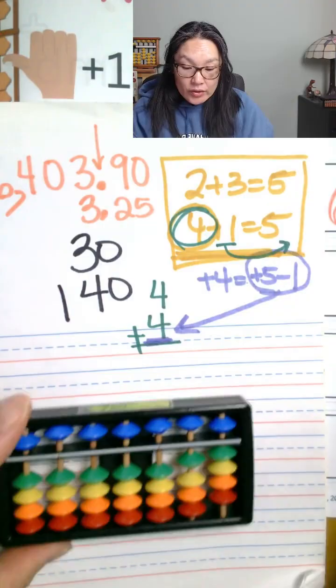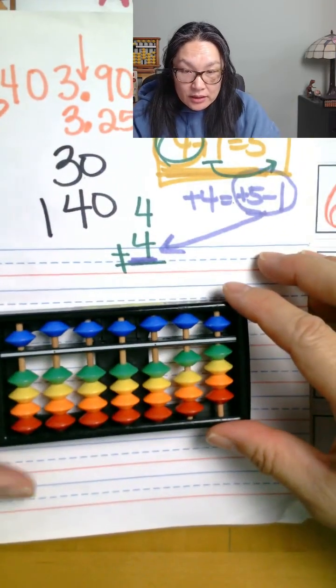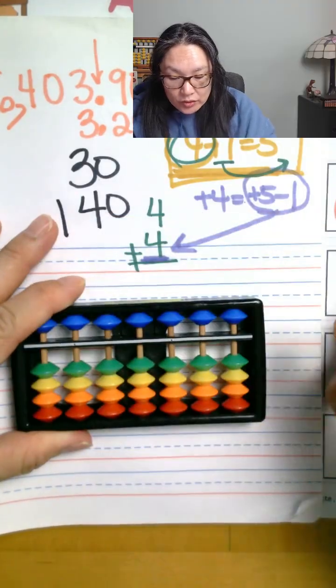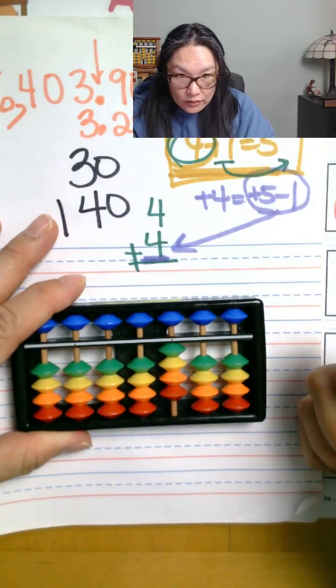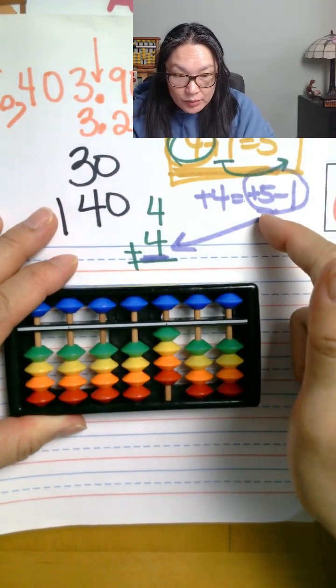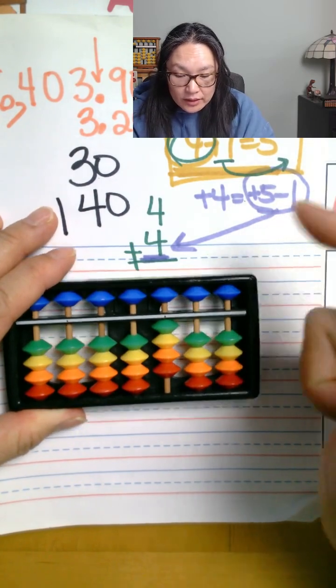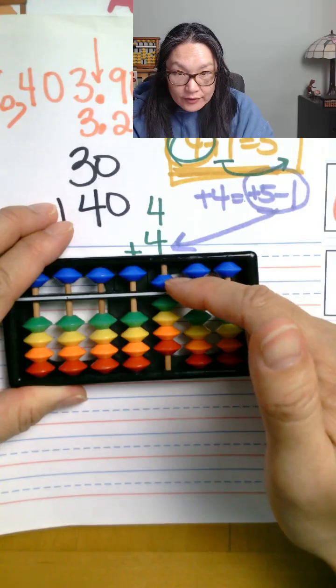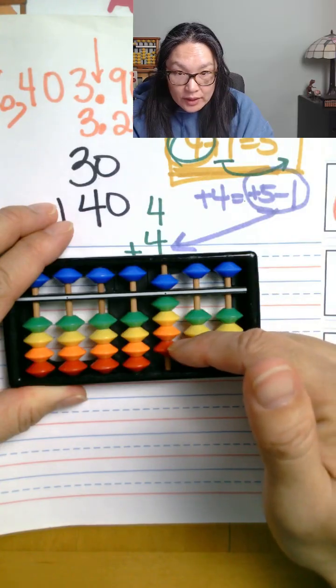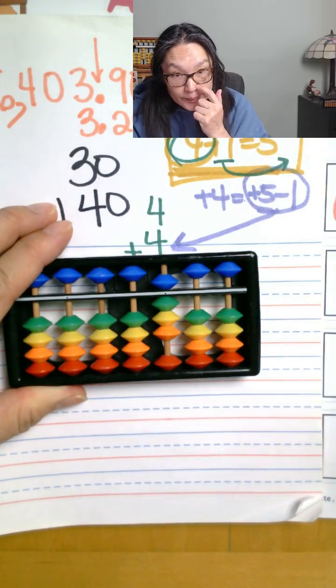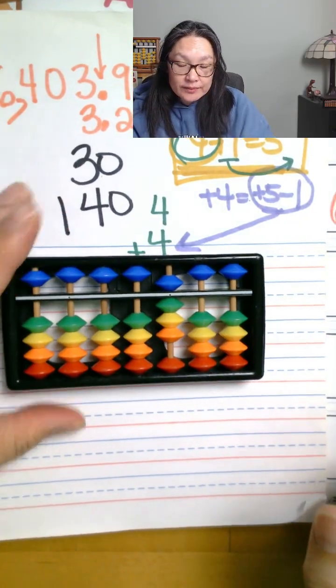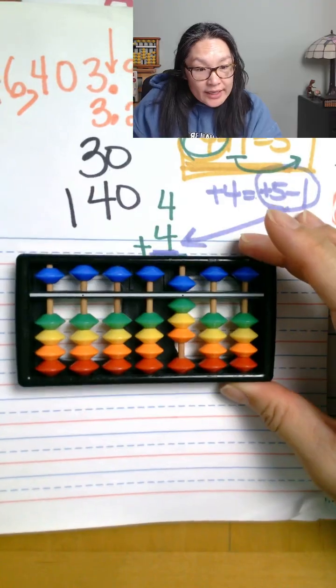Why are we going to do that? Because here it says plus the 5 minus the 1. So we're going to add the 5 and we're going to take away the 1. And that's a formula. That is something that we have to memorize. So now my answer is 8.